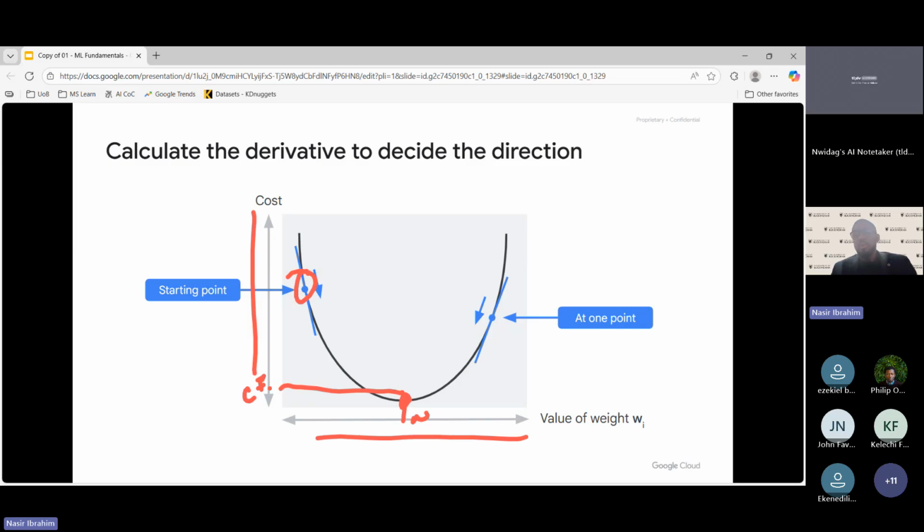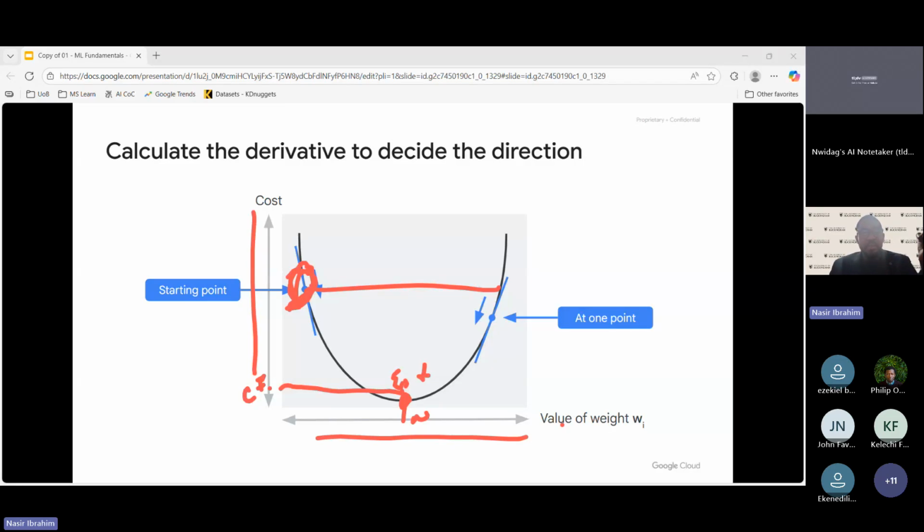Now, with gradient descent, we start from a random place, but this is where we want to end up. So the first thing that we need to determine, based on the derivative, is where do we go? Do we go right, or do we go left?